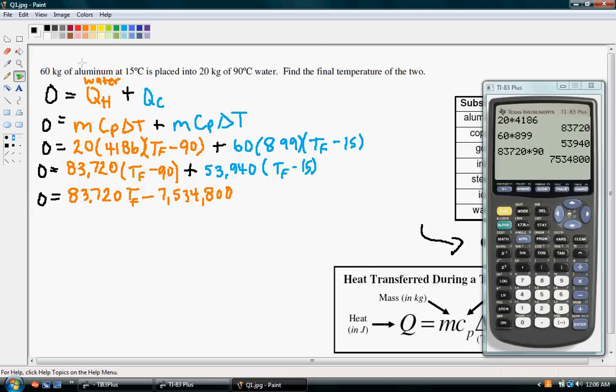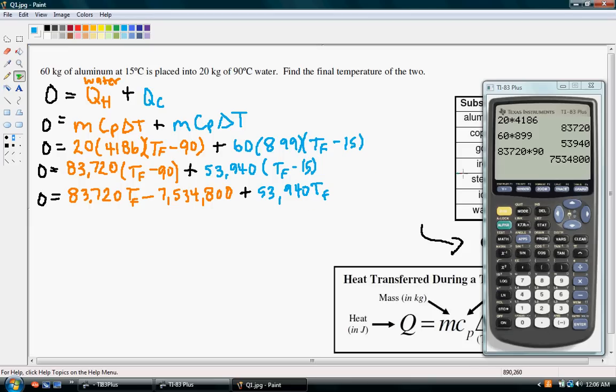Alright. Plus, and we're going to distribute this 53,940 times final temperature is just going to say 53,940 TF. Alright, here you can also go about it this way.